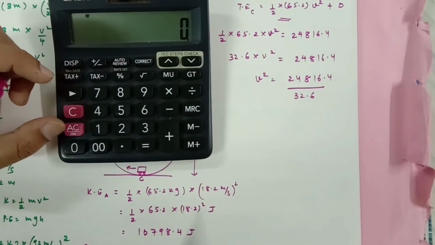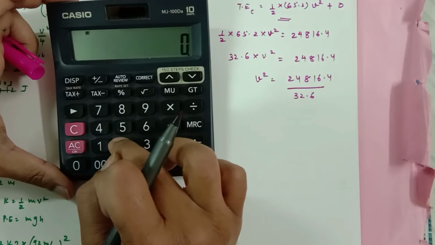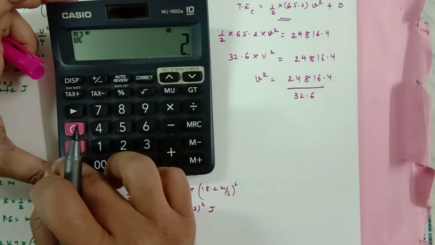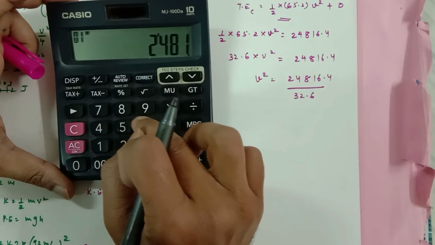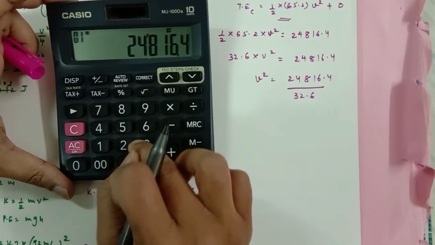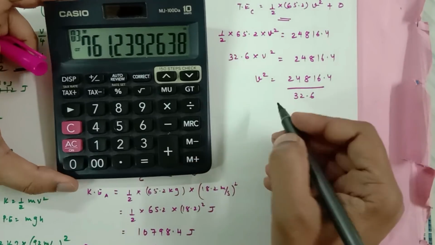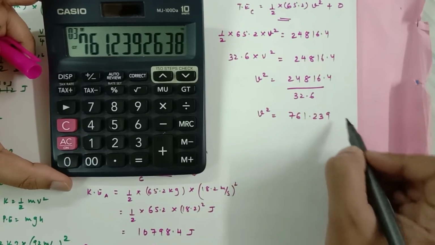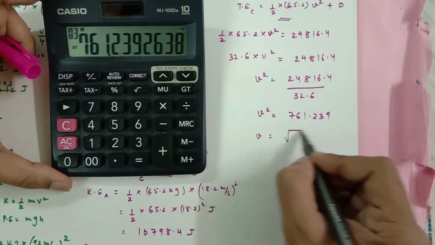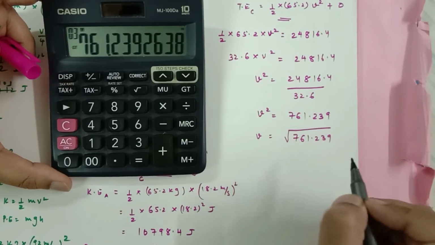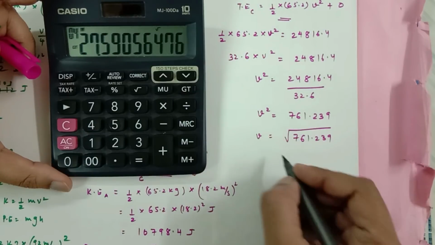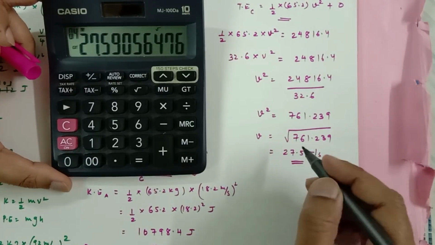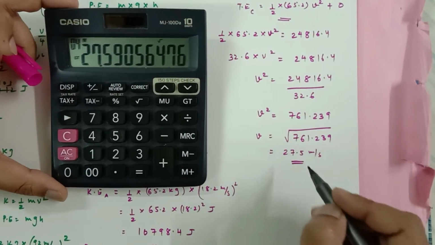So 24816.4 divided by 32.6, v square is equal to 761.239, and if I want to find out v, that would be the root of 761.239. So the root of this is 27.5 meter per second, right? So this would be our answer, 27.5 meter per second.